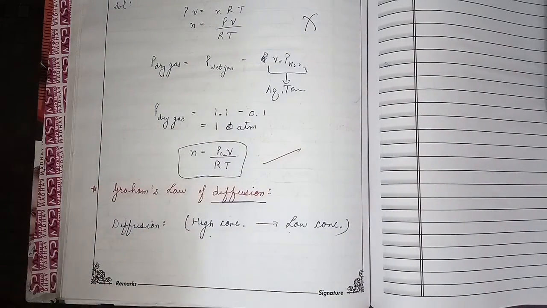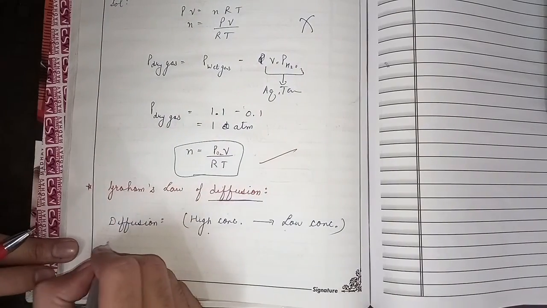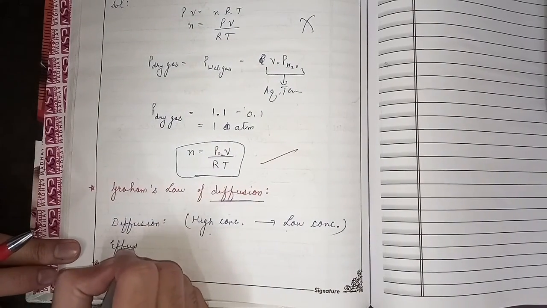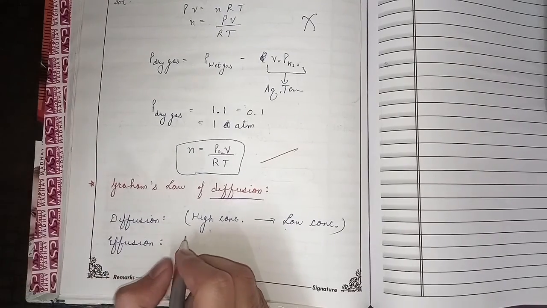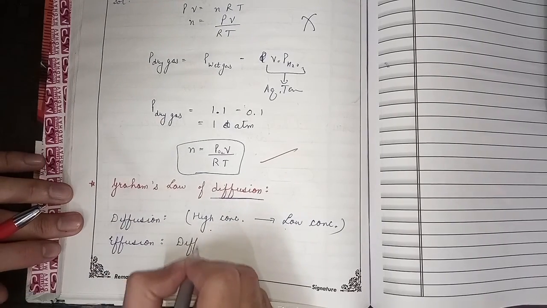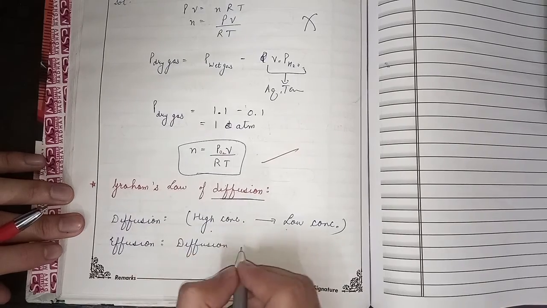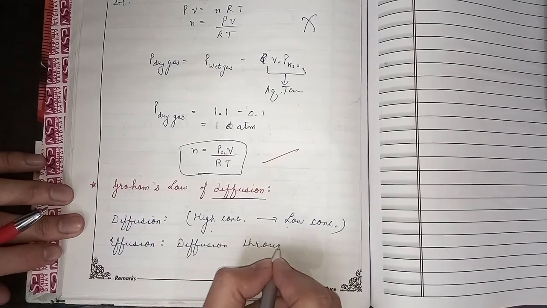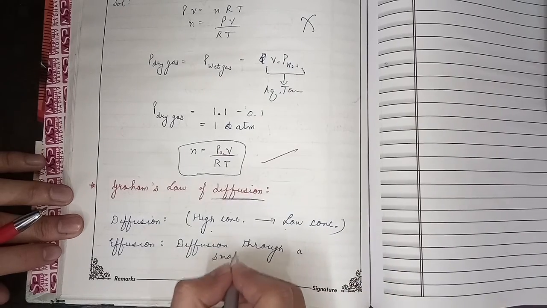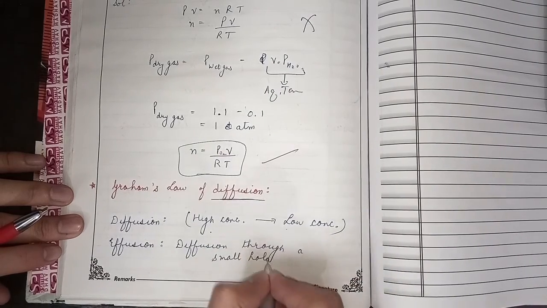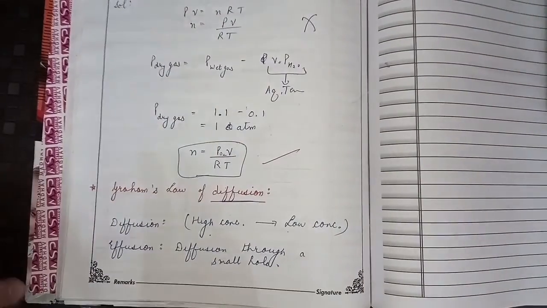And another term that comes here is effusion. Effusion is also similar to diffusion. The only difference is that diffusion through a small hole is known as effusion. So what does it mean?